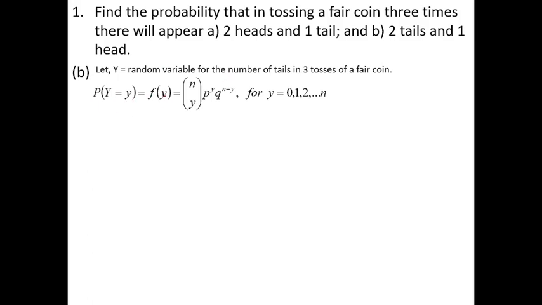Okay, so we have f of y equals the combination of n taken y at a time times p raised to the power of y times q to the power of n minus y, where y equals 0, 1, 2 until we reach n. So this is now the solution. We substitute 2 and 3.